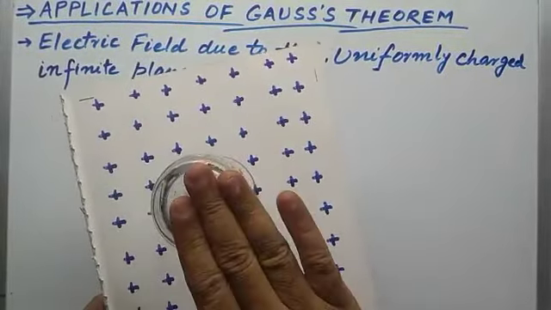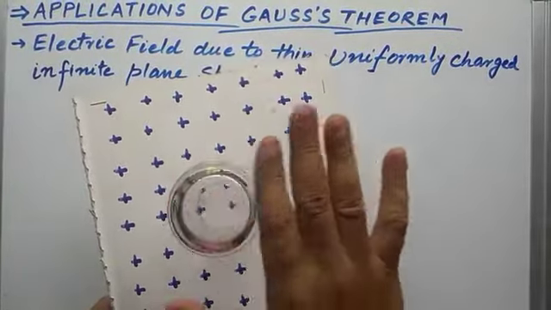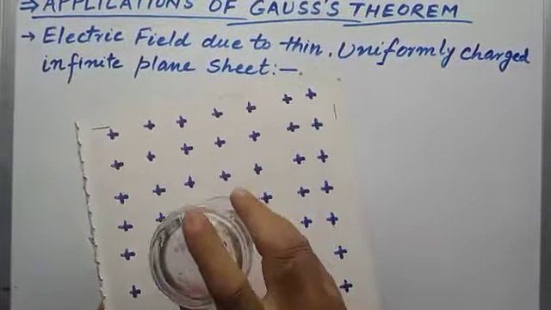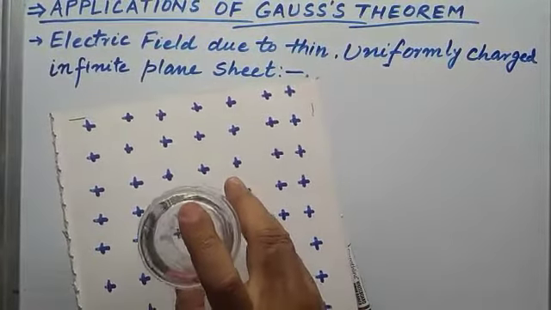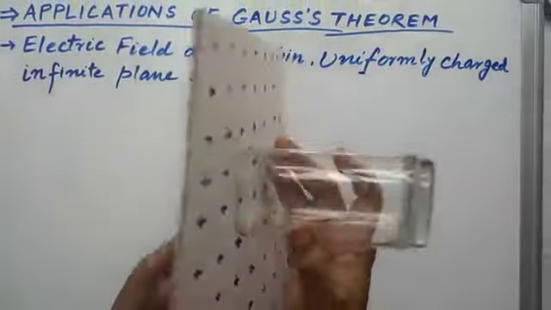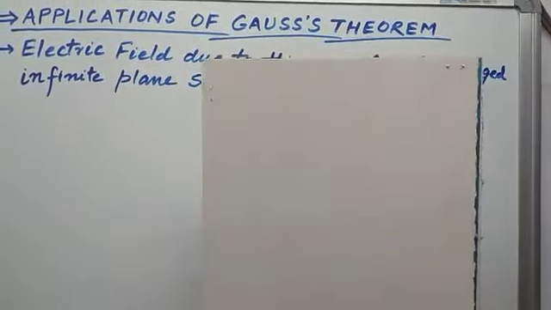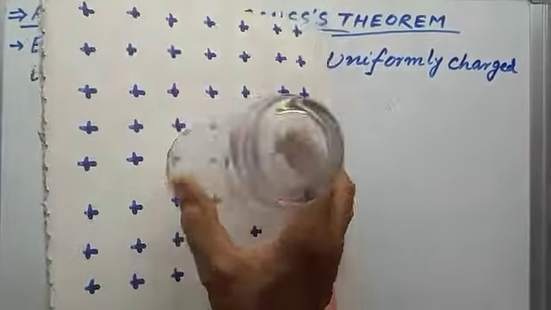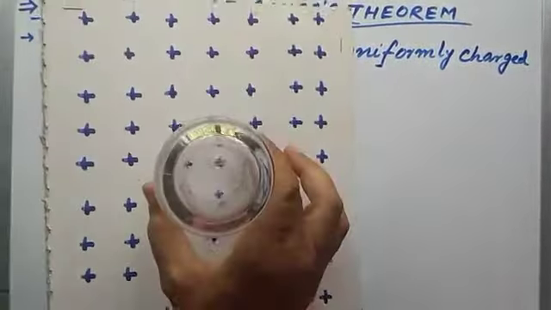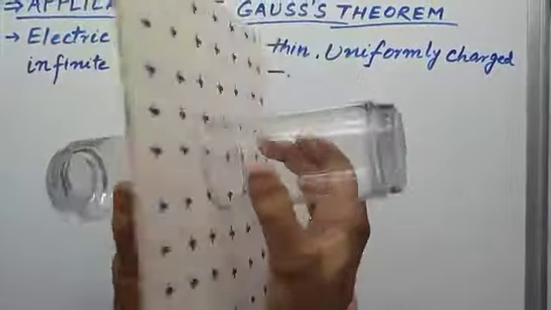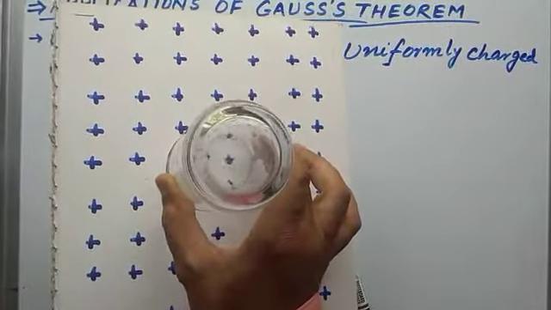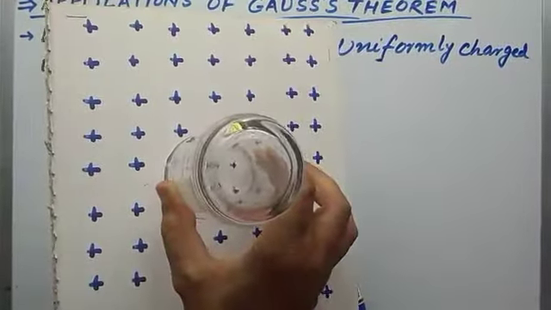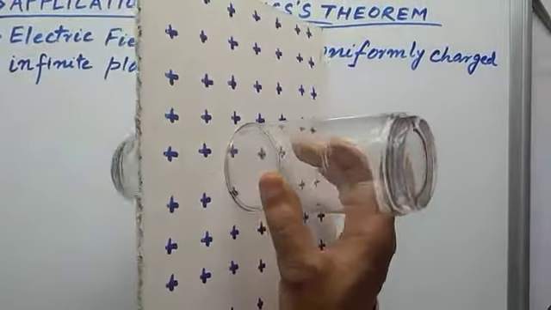But this side is open till now. So to close the Gaussian surface, we take another end cap like this, and now this is the cylindrical Gaussian surface for the positively charged sheet.